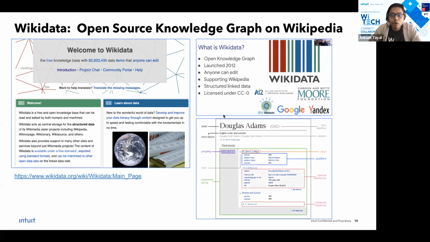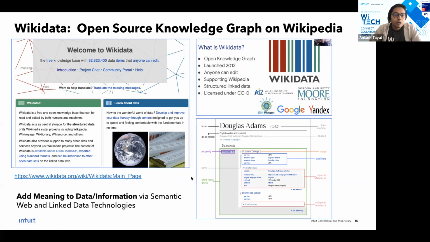For example, if you look at a particular entity called Douglas Adams, we can define a schema having a label, description, and property about the person, and we can add attributes against that. Essentially, using a knowledge graph, we can add meaning to the textual data and information which was sitting in Wikipedia, and we had to go to the data. Now we can bring that live in the shape of a knowledge graph.